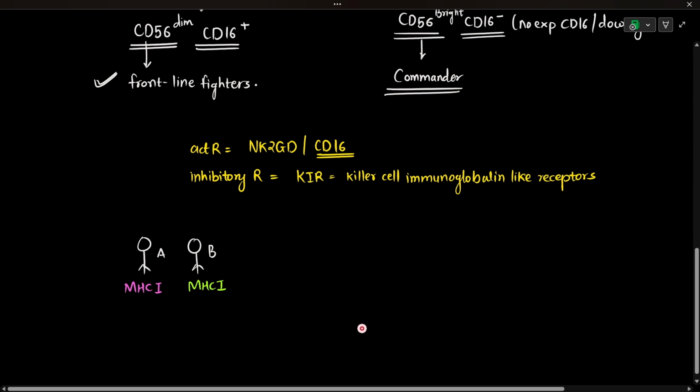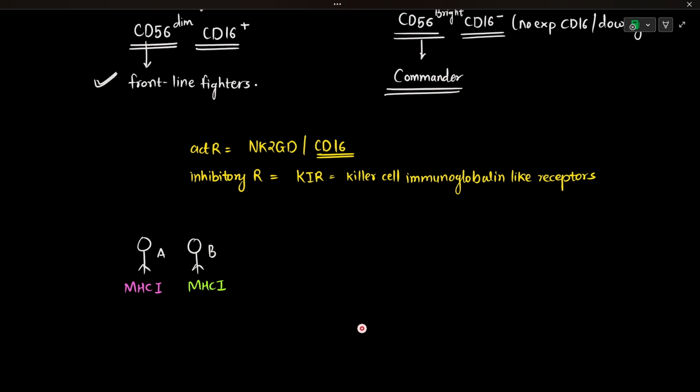They serve as the flag which says that this cell belongs to this particular person, right? That is why the natural killer cells only need to kill the target cells which are non-self, meaning which do not belong to this particular individual, and that is why they need to sense MHC1 molecules, right?